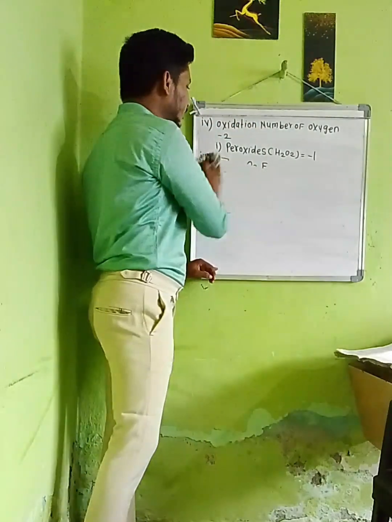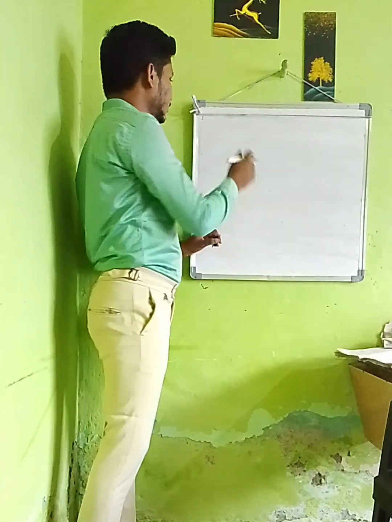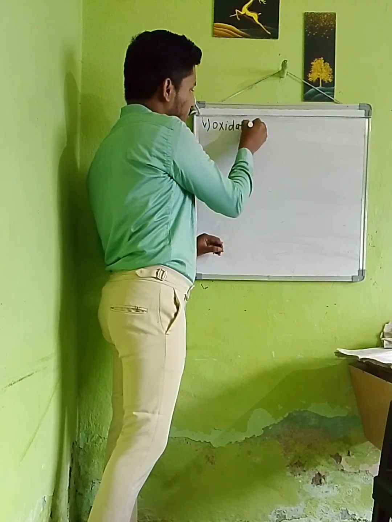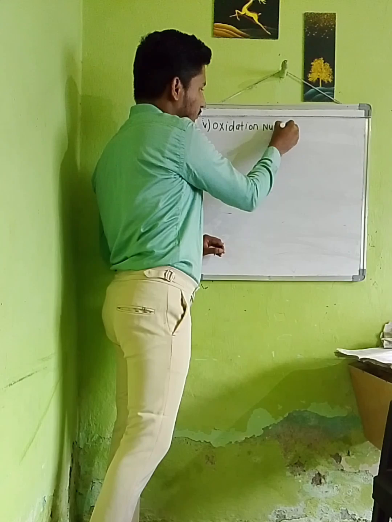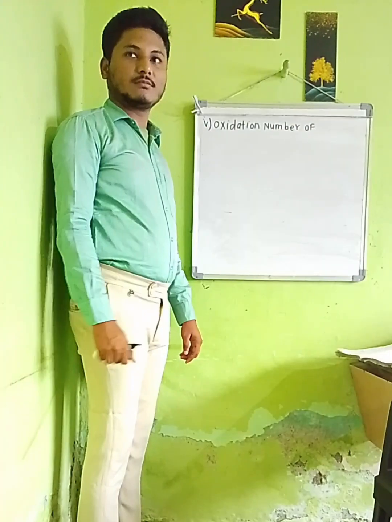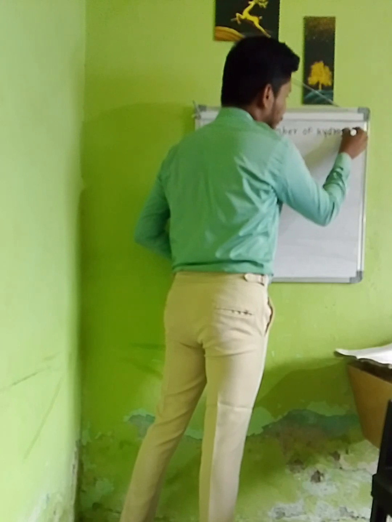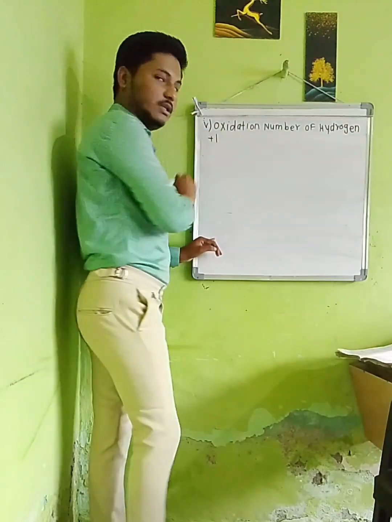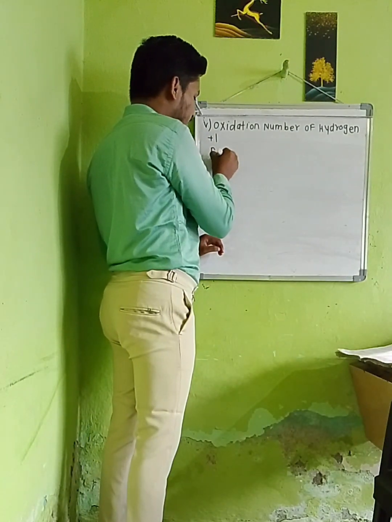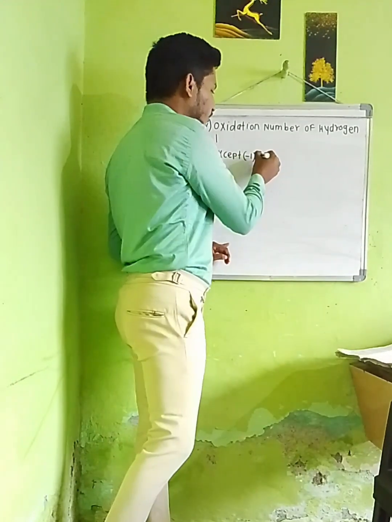Now we will see the next one. The fifth rule: the oxidation number of hydrogen. In general, the oxidation number of hydrogen is +1, but it is -1 in hydrides.